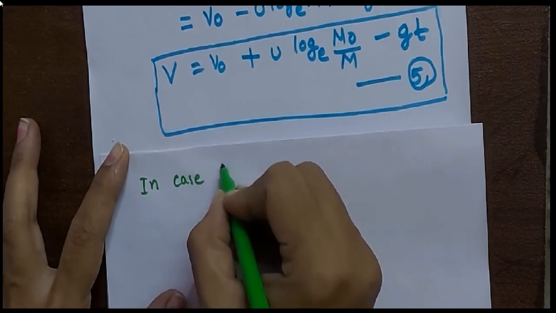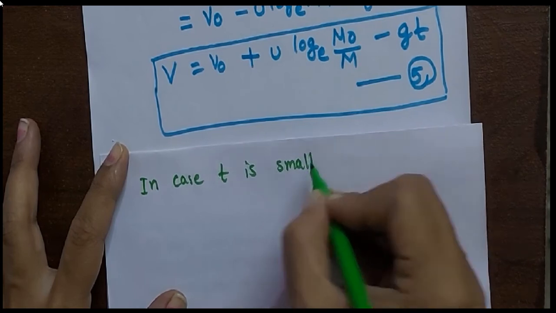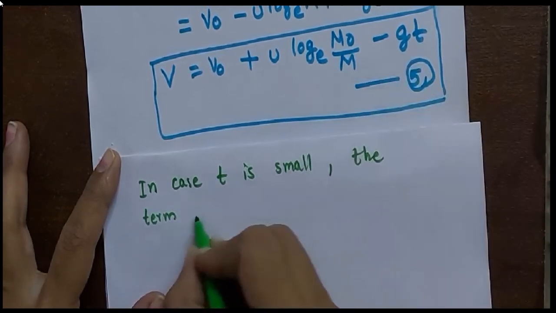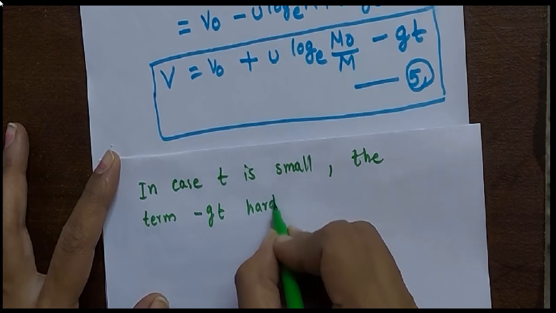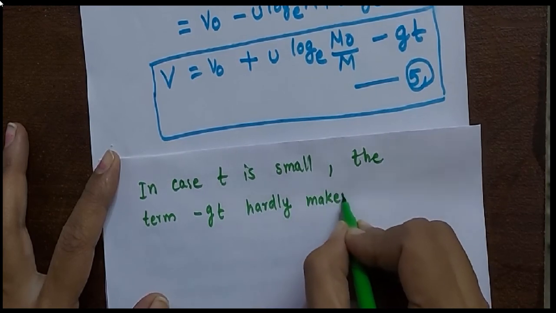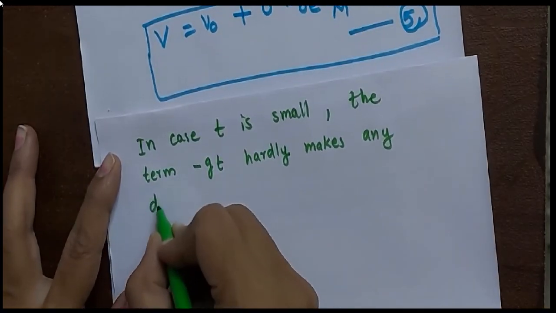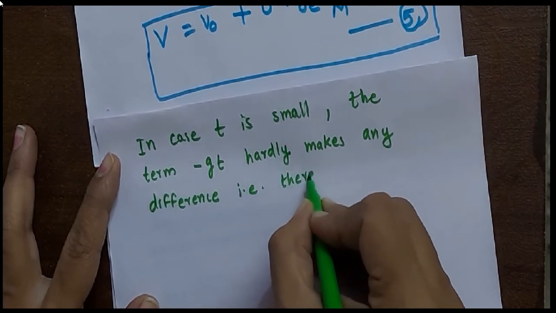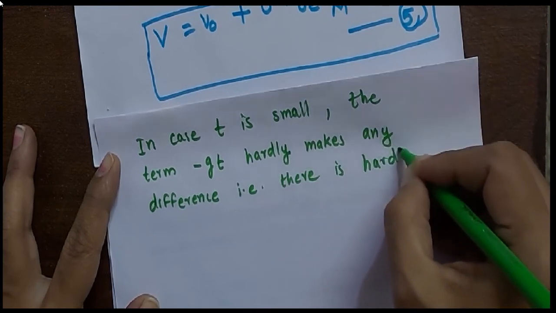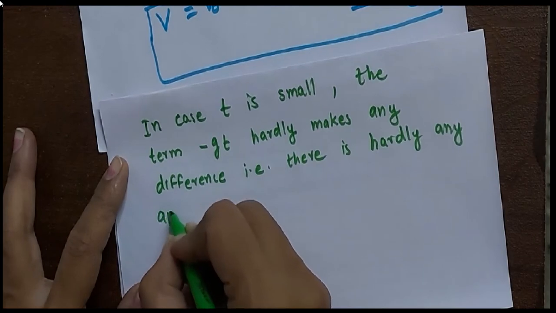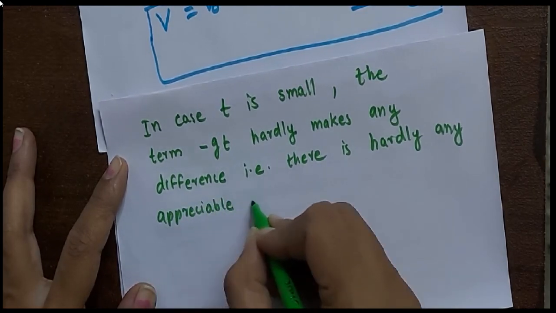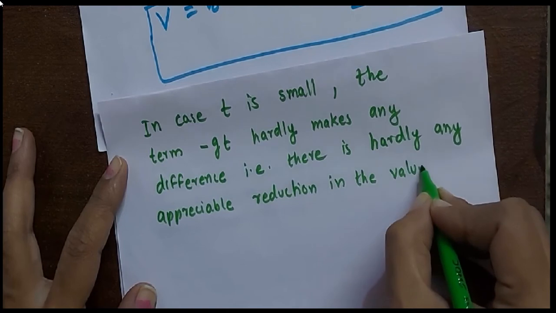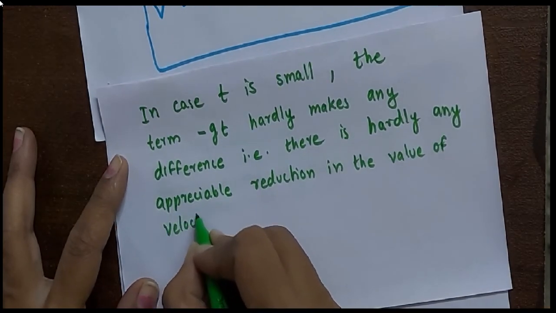In case when t is small, the term minus gt hardly makes any difference, that is, there is hardly any appreciable reduction in the value of velocity v.